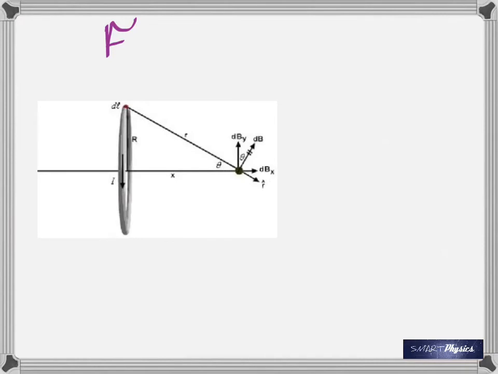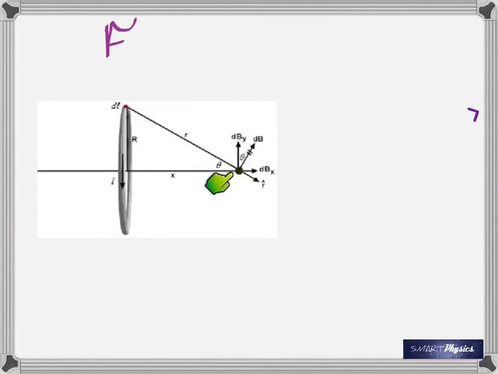We're trying to find the magnetic field due to a circular loop. You know how the loop is kept as you look at the diagram, right? And we're looking at a point on the axis of the loop. Is that clear? That point is on the axis of the loop, and it is x distance away, right?